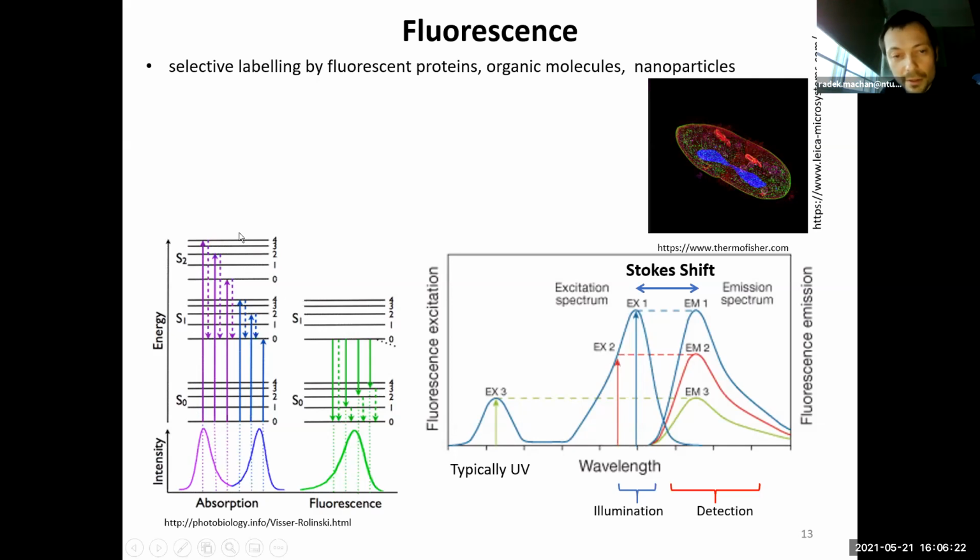It's not important, such details, but the important point is that the molecule almost immediately returns to the lowest vibrational state of the S1 state, and that's where the molecule stays for some time. And it's from this state that the molecule then returns to the ground state by emitting a fluorescence photon.